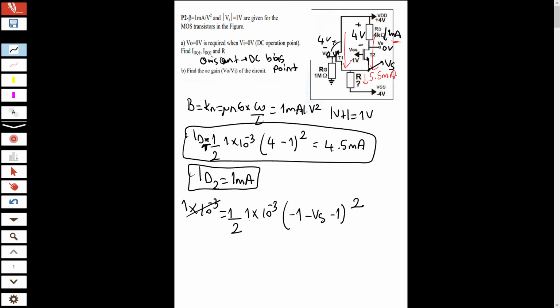If I do the necessary cancellation, 2 becomes minus V source minus 2, squared. So the square root of 2 equals 1.41. V source will be negative and greater than minus 1.